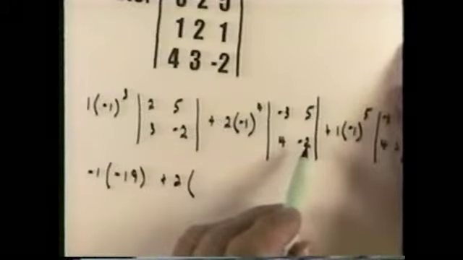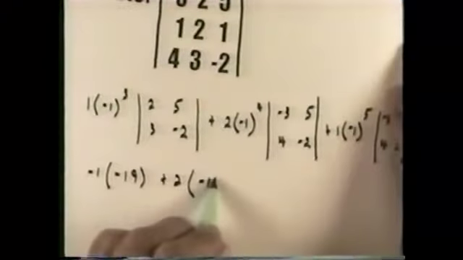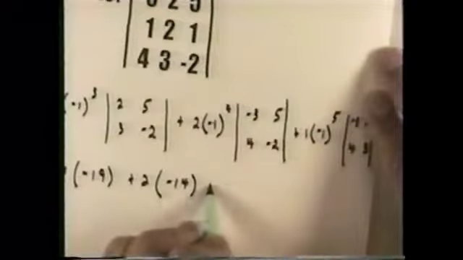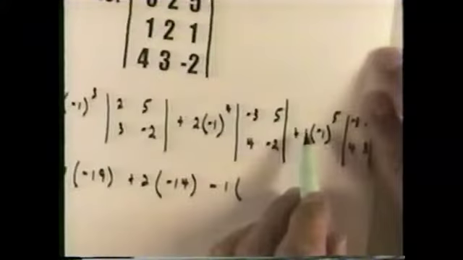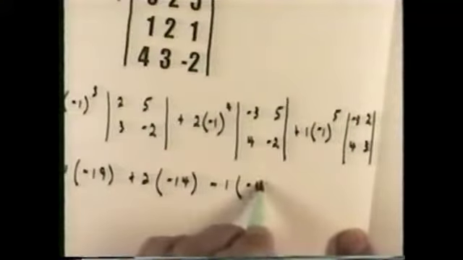Negative 3 times negative 2 is a positive 6. 6 minus 20 is a negative 14. Minus 1, because negative 1 to the 5th is negative. 1 times negative 1 is negative 1. Negative 3 times 3 is negative 9. Minus 8 is negative 17.